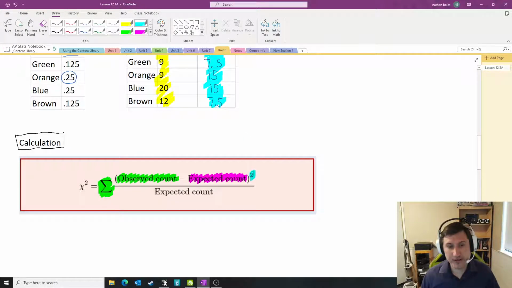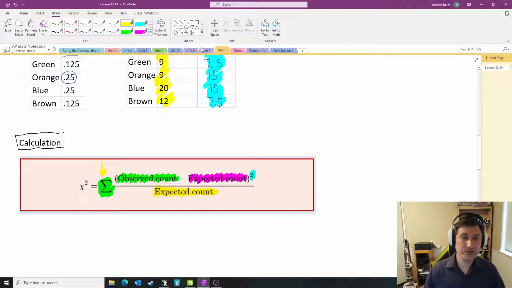It gets rid of the negatives, much like a standard deviation does as well. And then, so that big numbers don't unduly sway things just because they are big numbers, we divide by the expected value as well. We do that for every single piece of data, every single category, and then we add them all up. And that is our chi-squared number.